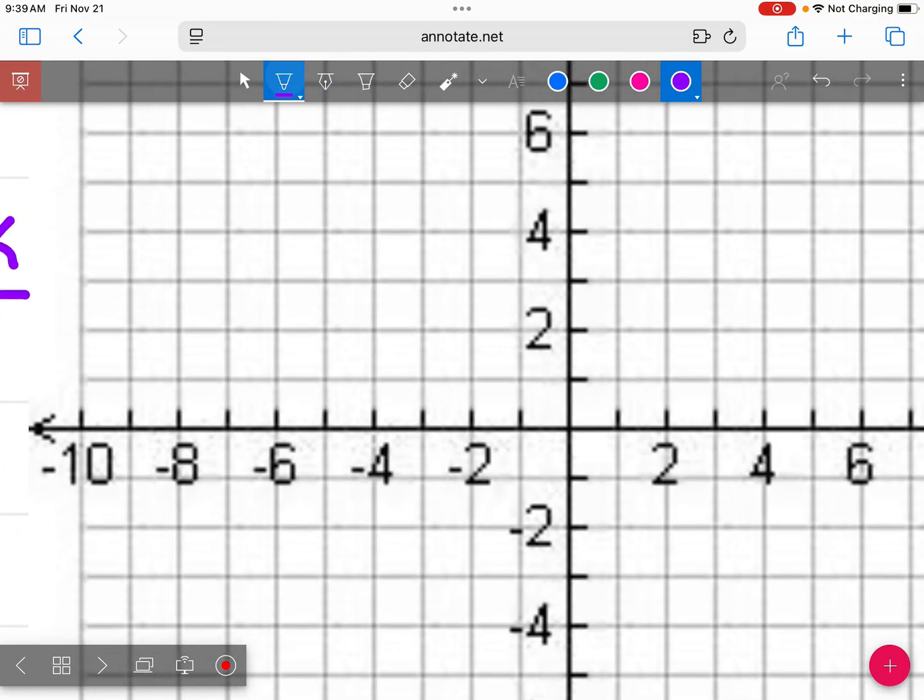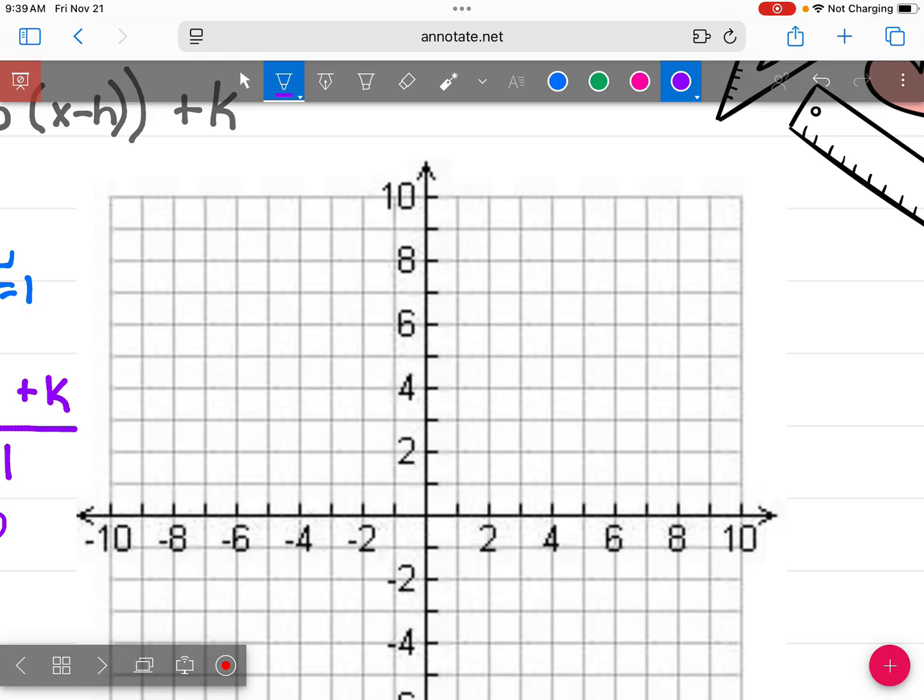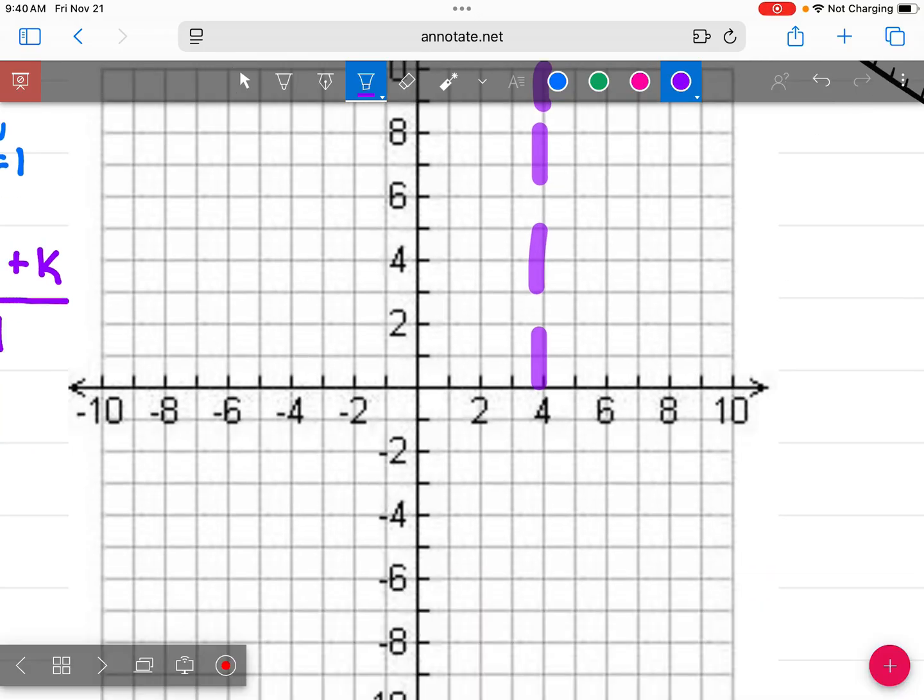So when we plot these points, I'm going to put my asymptote up here. That is not what I meant. I want that to be slightly see-through. Well, it's chunky, but it's there.